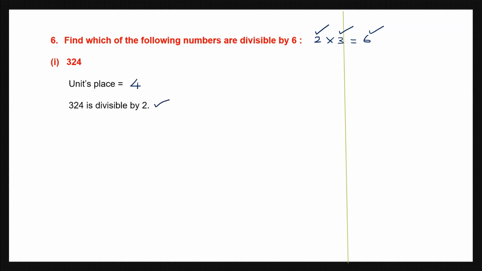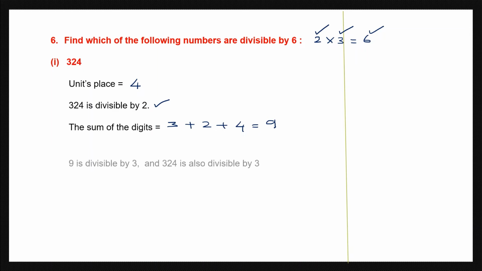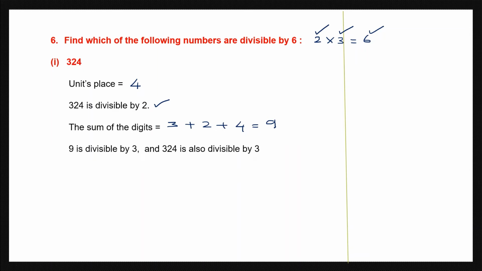What is the test for 3? The sum of the digits. That is 3 plus 2 plus 4. 3 plus 2 is 5. 5 plus 4 is 9. And we know that 9 is divisible by 3. And 324 is also divisible by 3. So we have to do the test for 2 and we have to do the test for 3.